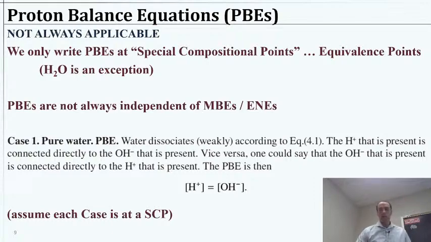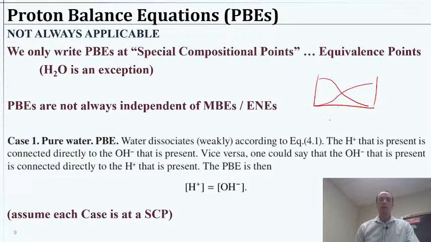So when we look at some graph where we have pH versus some speciation diagram, these equivalence points where two species meet, those are the moments where we can do the PPEs, as I understand it. Sometimes these are going to be independent of the mass balances and electroneutrality equations. Sometimes they'll end up being the same or reliant. We can build them from others.